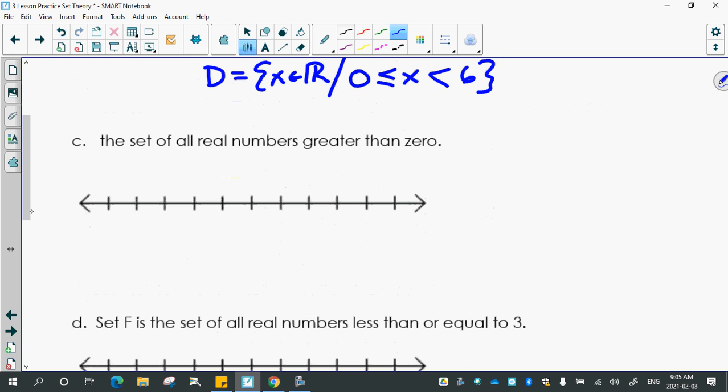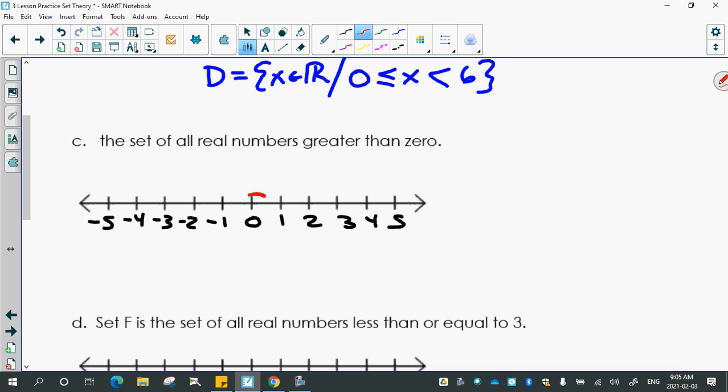All right, the set of all real numbers greater than 0. So let's put 0 in the middle here. Is 0 in the set?